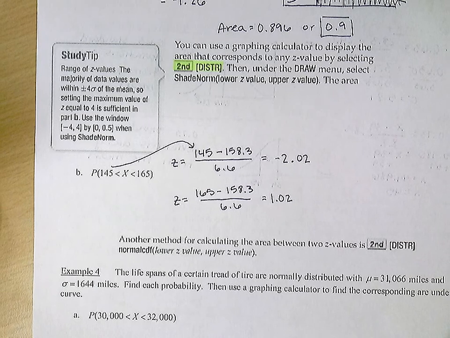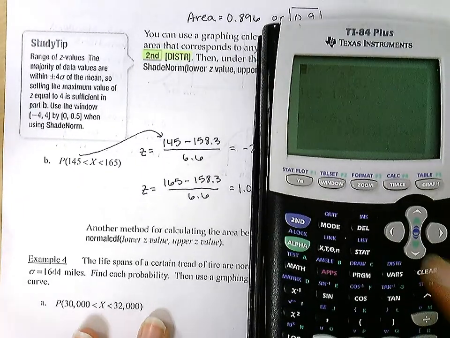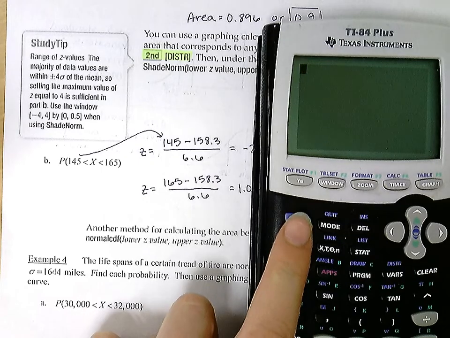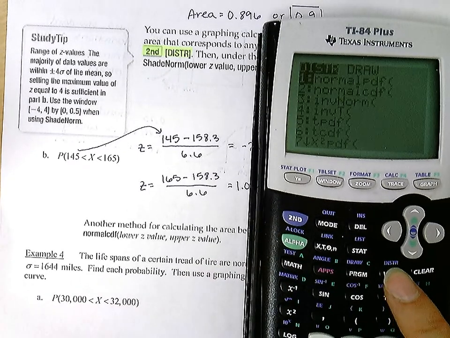Keep the window the same, okay, so you can see it. So again, entering this in your calculator, you go to second, the distribution button.